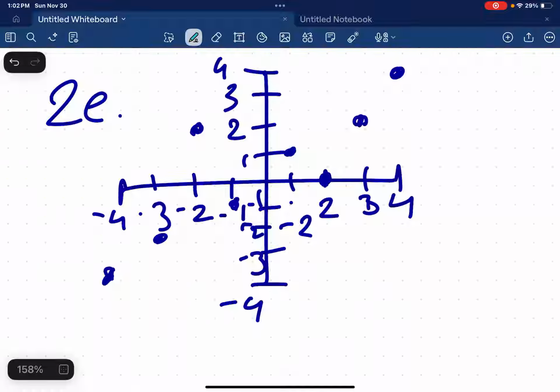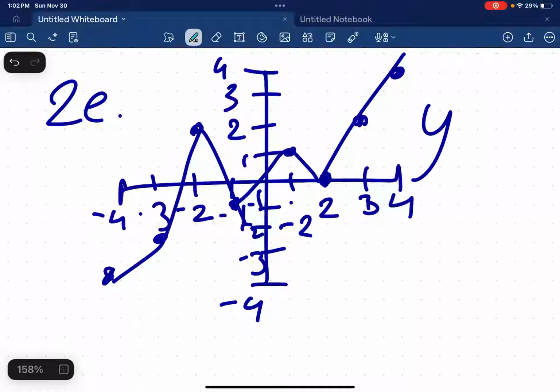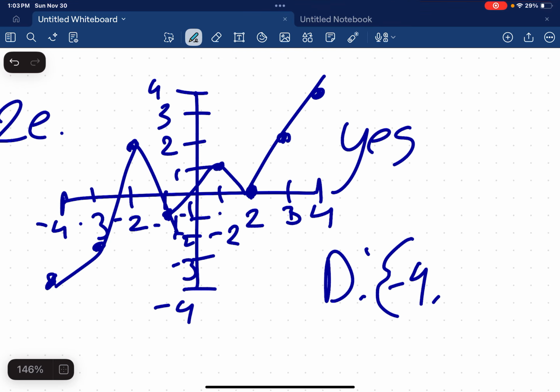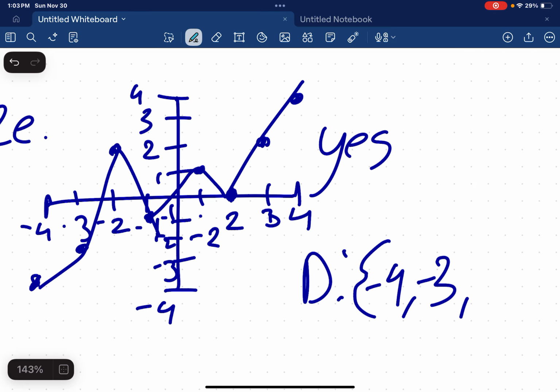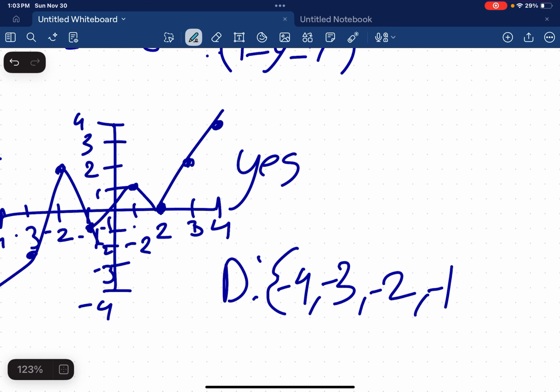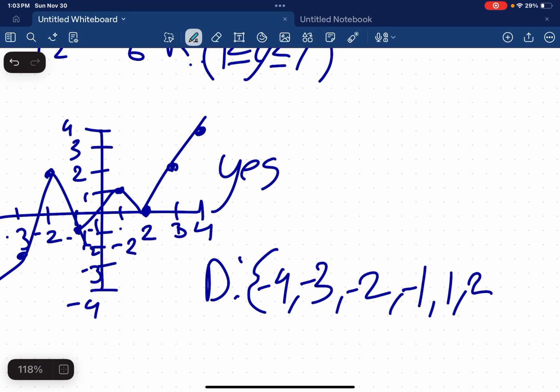Okay. This does pass the vertical line test. So yes, this is a function. Domain is going to be its lowest. Actually, we can't even mark it like that. We're just going to have to put the numbers here for this one since it skips around a couple of x's. So it's going to be -4, -3, -2. Yeah, it skips 0. -1, and then skipping 0, 1, 2, 3, 4.